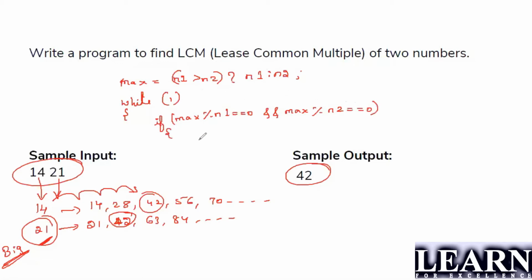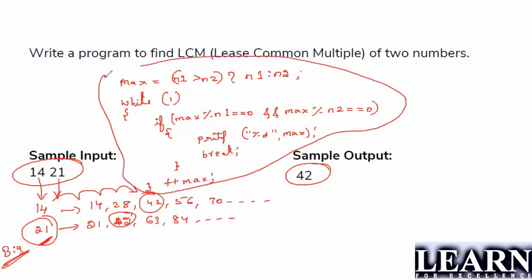If it is, then I will print that maximum number with printf, and after printing it, I will break out. And if it is not, then I will increment max by one. This code will work, guys. So this is a very simple code for LCM.